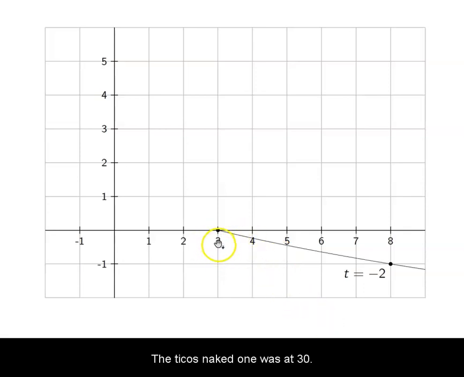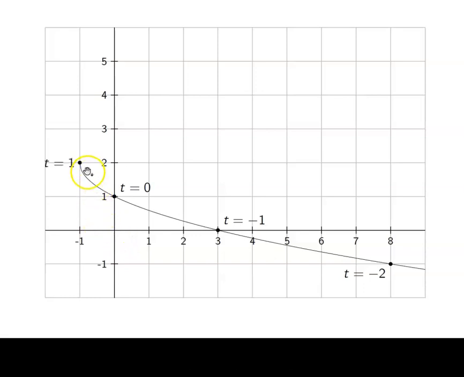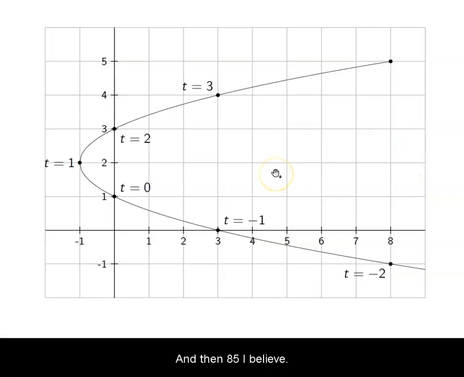My next value was 0, 1, and that was when t was 0. Then I had negative 1, 2 for t equals 1. Then I was at 0, 3 for t equals 2, and 3, 4, and then 8, 5, I believe.